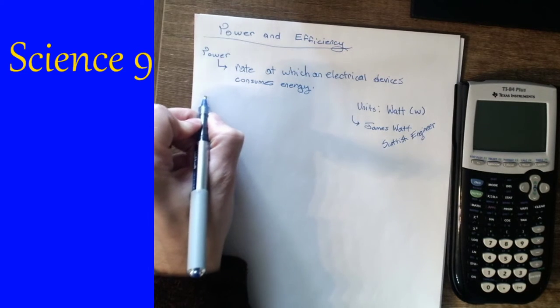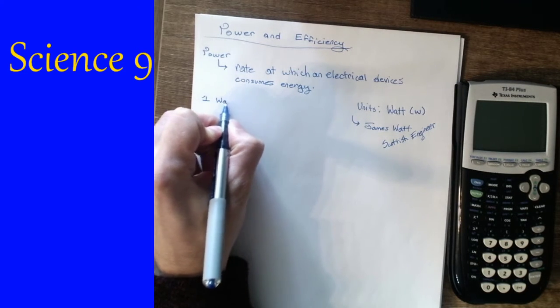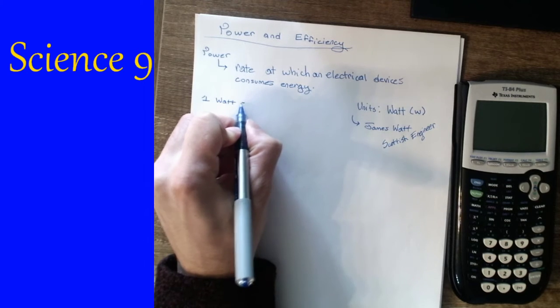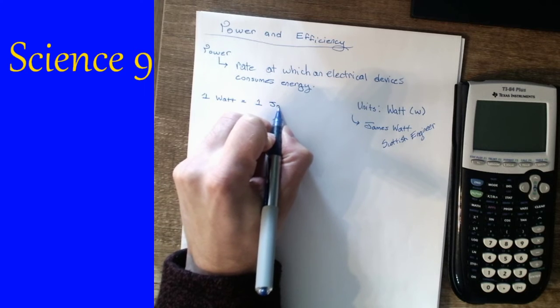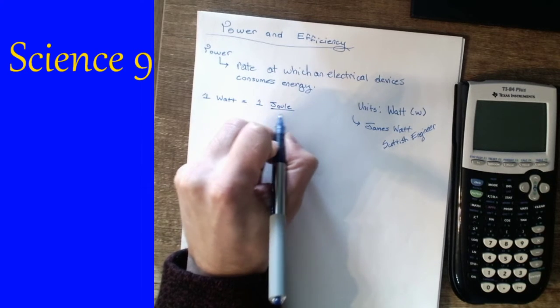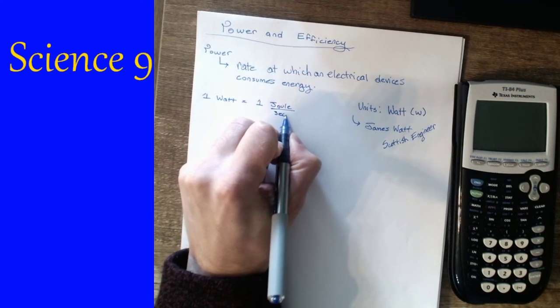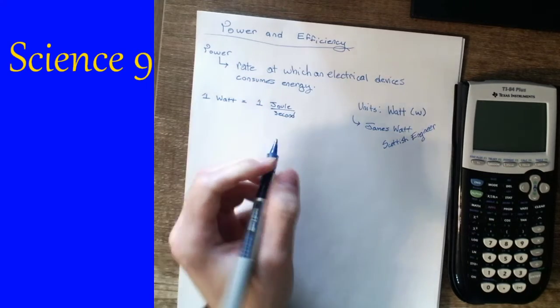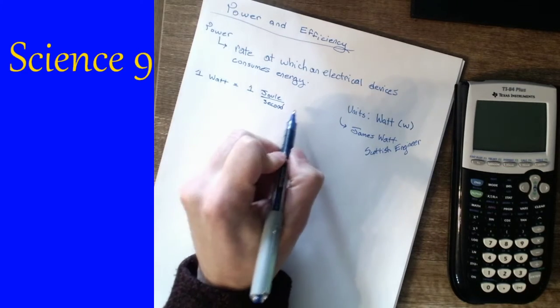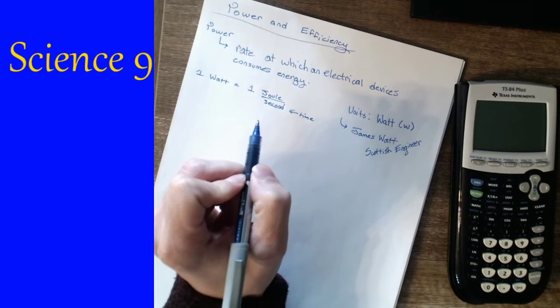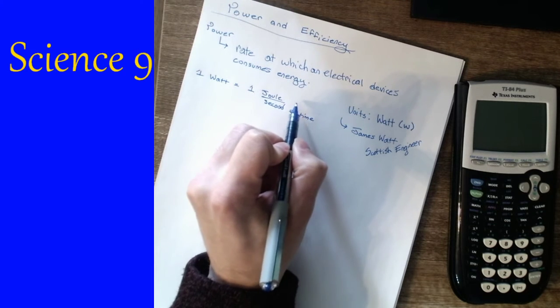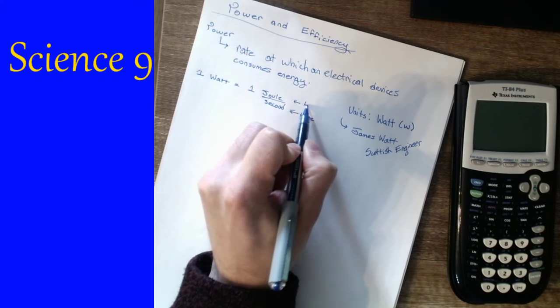And 1 watt is equal to 1 joule per second. Now, very formally, a second is a measurement of time, and a joule is a measurement of energy.